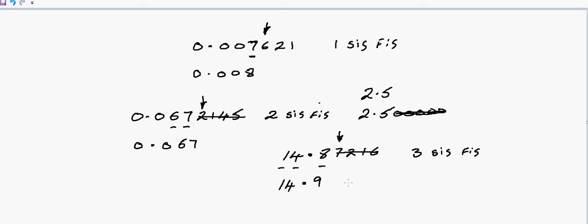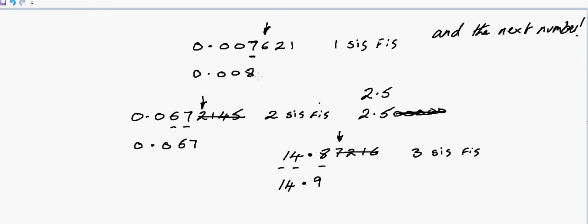Okay, it's usually tagged on at the end of a question. So always remember, you're always looking at the next number to see whether to round up or round down.